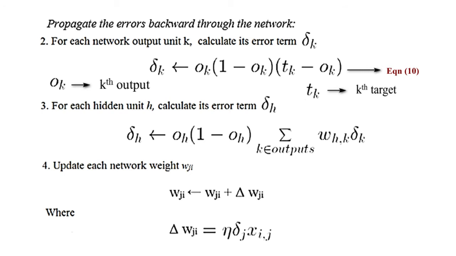Update each network weight w_ji as w_ji is equal to old value of w_ji plus delta w_ji, where delta w_ji is equal to eta into delta j multiplied by x_ij.